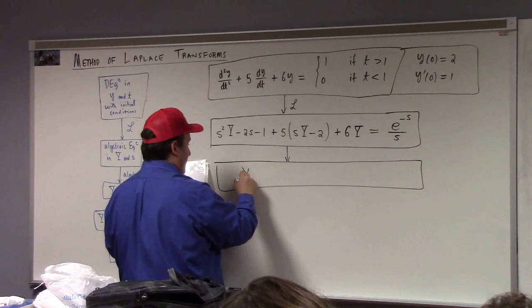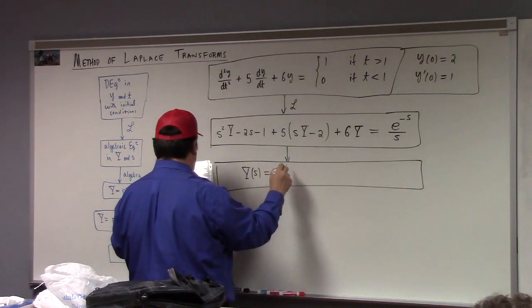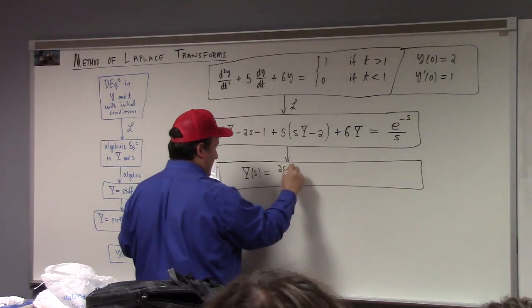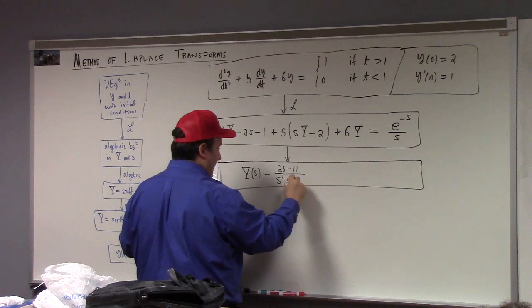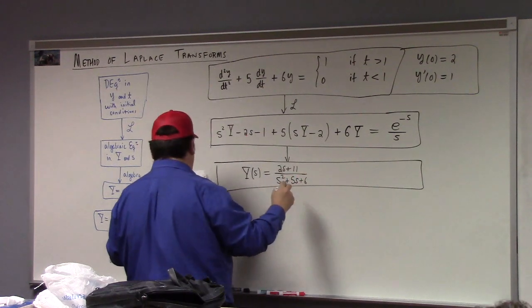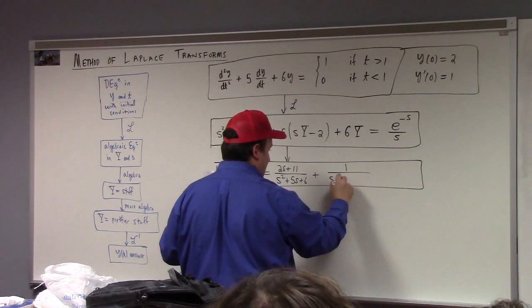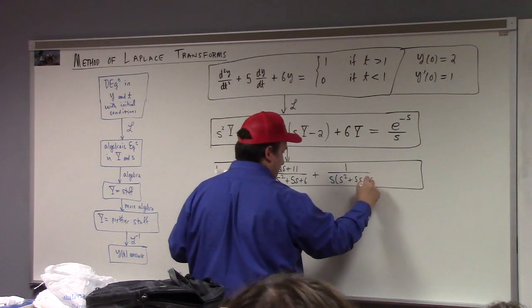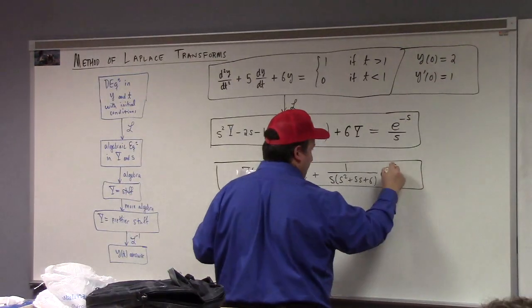You can solve for big Y of s. It's (2s plus 11) divided by (s squared plus 5s plus 6), plus 1 over s times (s squared plus 5s plus 6), times e to the minus s.